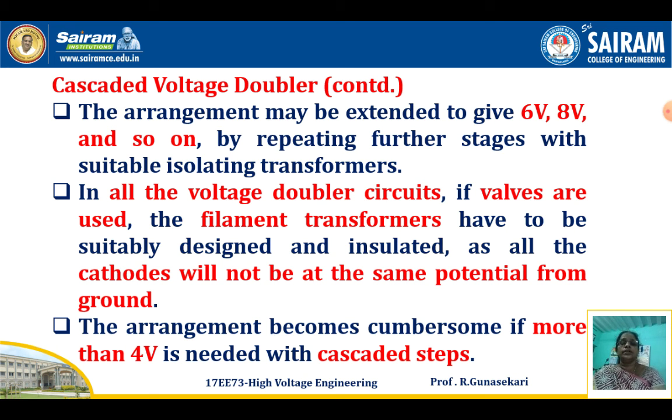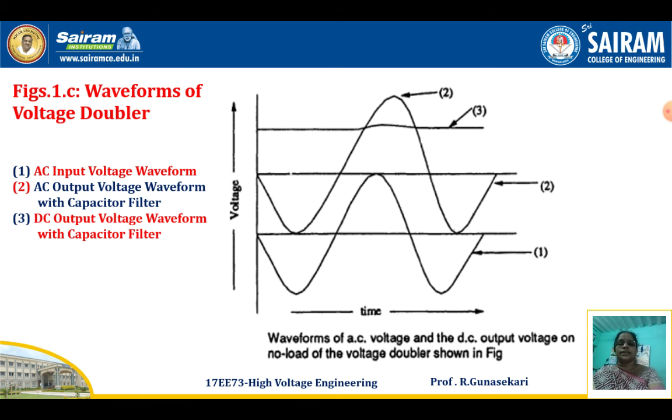If valves are used in the voltage doubler circuits, the filament transformers have to be suitably designed and insulated, as all the cathodes will not be at the same potential from the ground. If more than 4V output voltage is needed across the load resistance, we use the cascaded arrangement further.